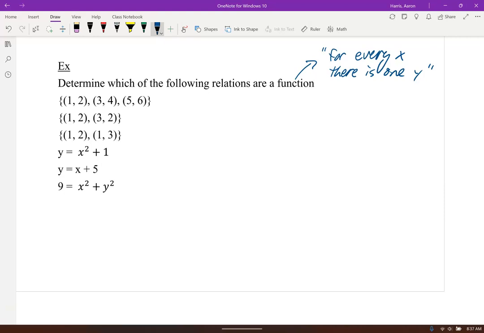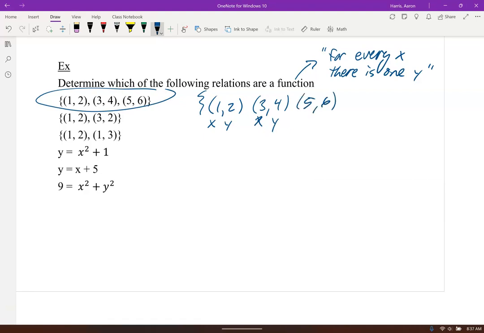So, for example, I have this first one. My x is 1, my y is 2, and then I have my x is 3, my y is 4, x is 5, my y is 6. Let me put that into a mapping. So my x and my y. My 1 maps onto 2.